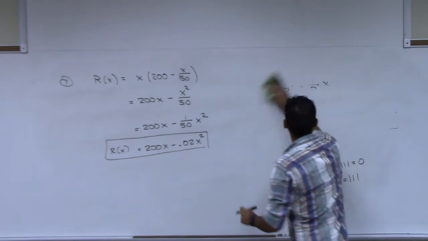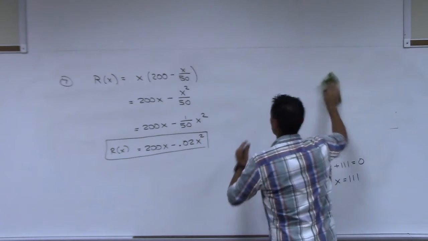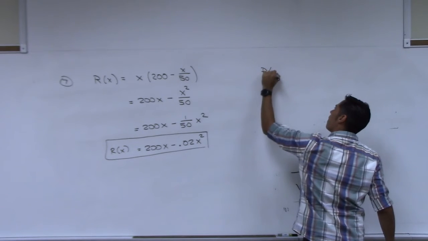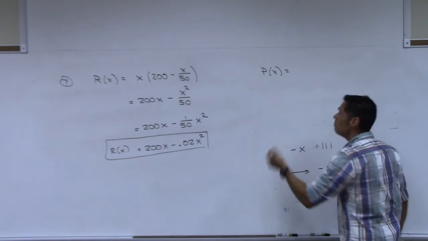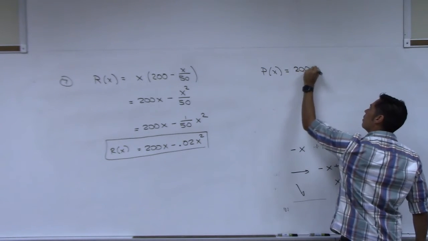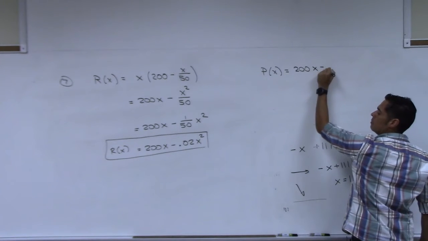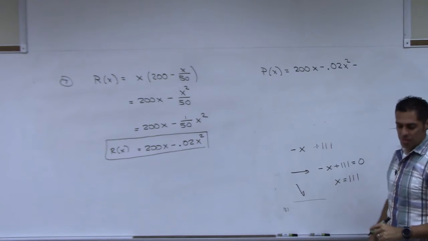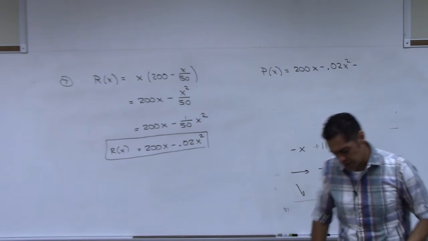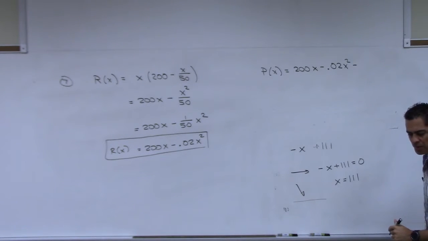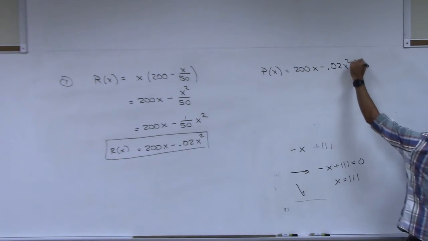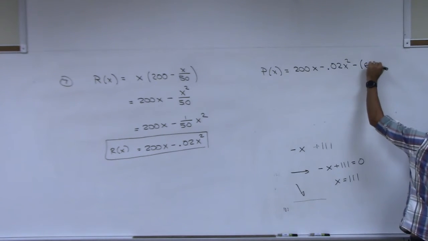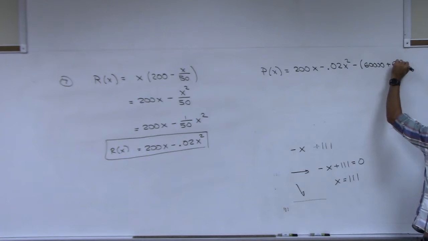Now to do profit. To find my profit function, I'm doing my revenue minus my cost. And my cost is given as 60,000 plus 60x. So I'm going to put in parentheses 60,000 plus 60x.